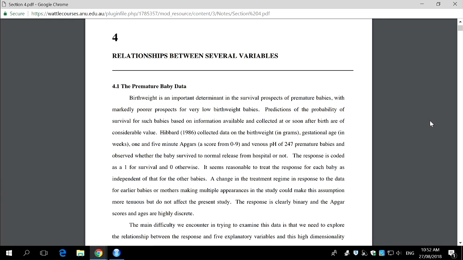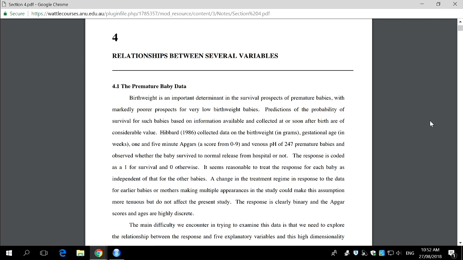We've got data on the birth weight of babies. So you've got, how many babies were there? 247 babies. The data consists of their birth weight in grams, their gestational age, which is the doctor's best guess of how long the baby's been inside mum until it comes out. Things called 1 and 5 minute APGARs.